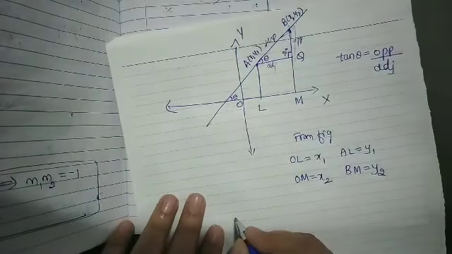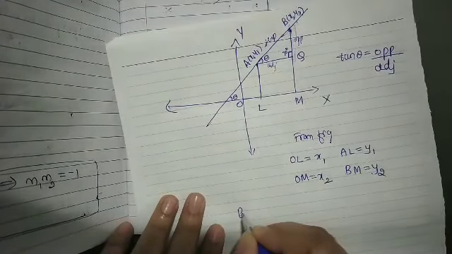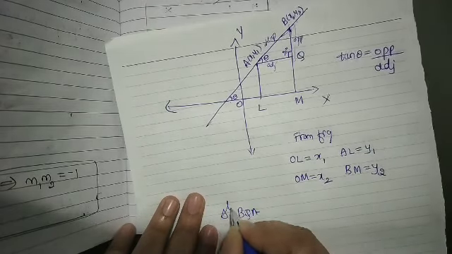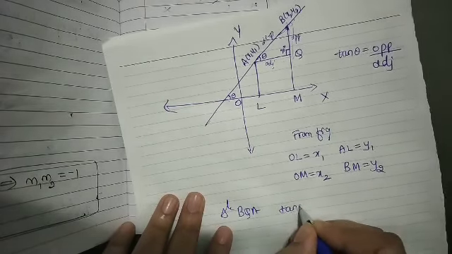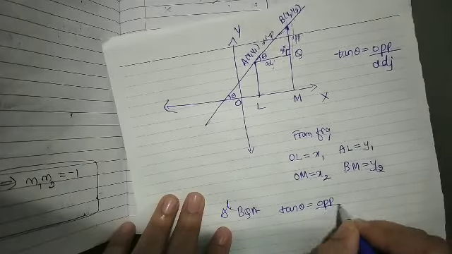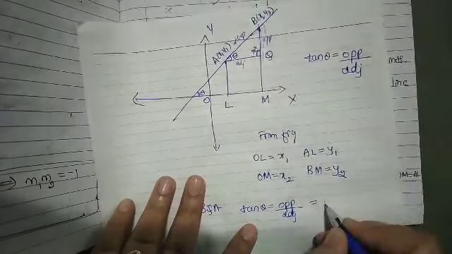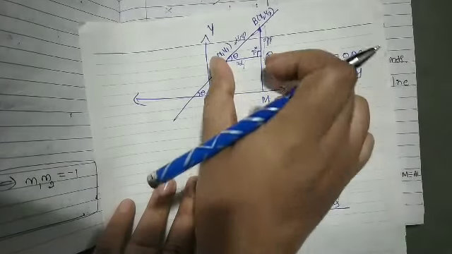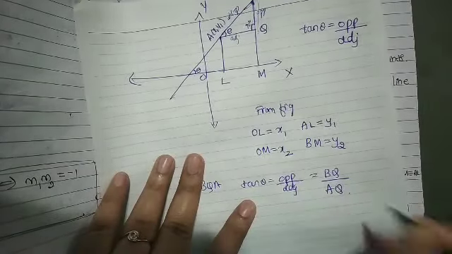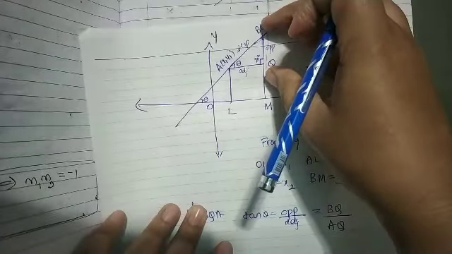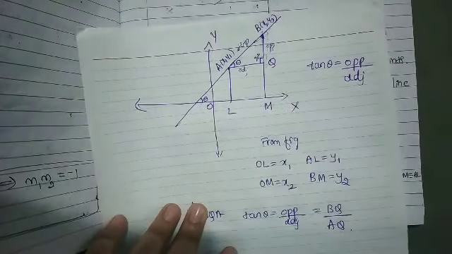From the right angle triangle BQA, what is the tan ratio? That is opposite by adjacent. The opposite side is BQ and the adjacent side is AQ.